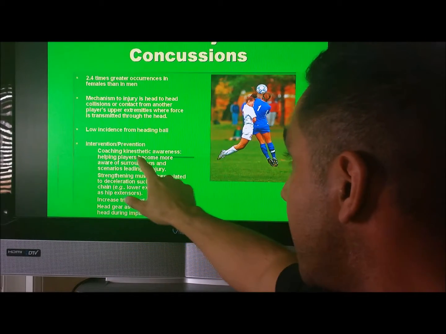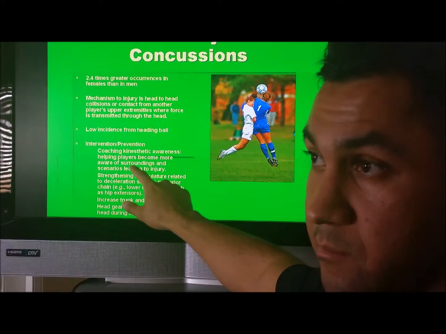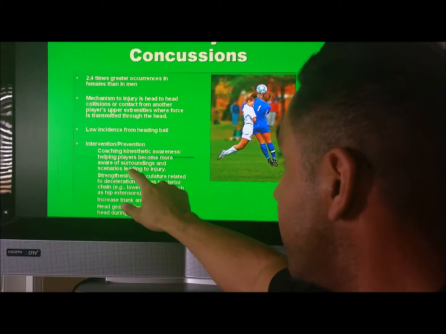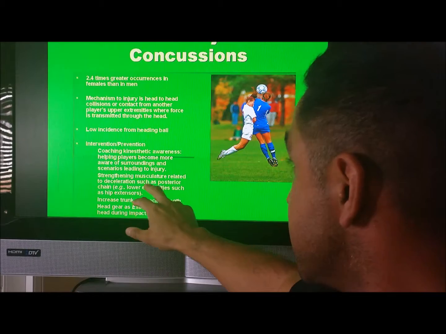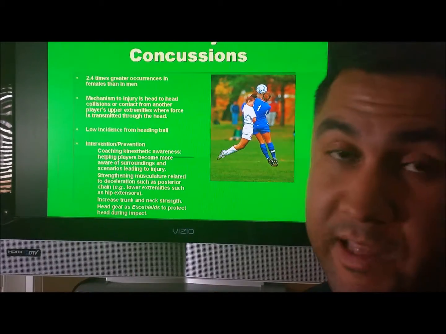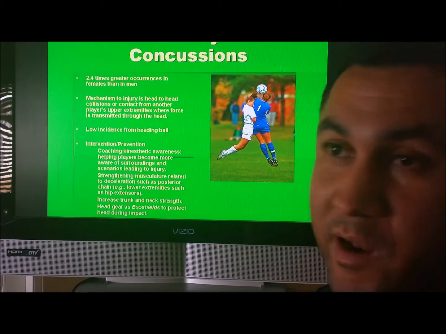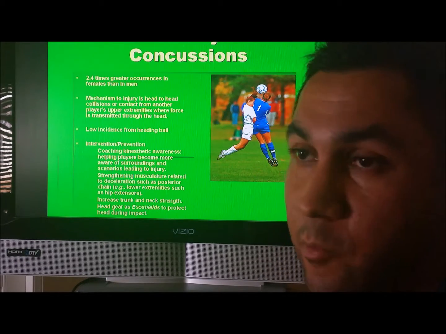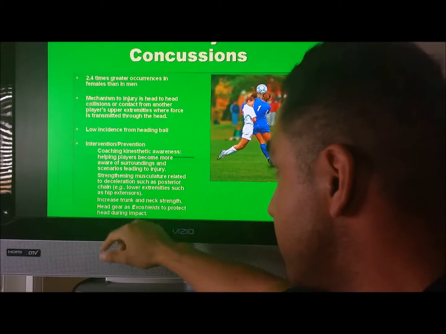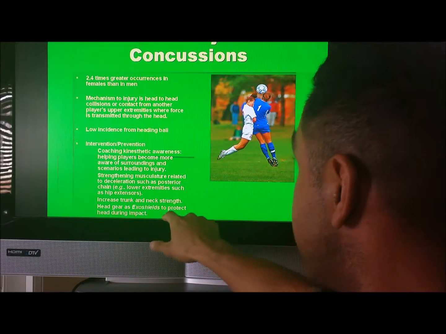Prevention and intervention, kinesthetic awareness. So through a strength coach, through training, we can help them become more aware of their surroundings. Strengthen musculature related to deceleration. So especially utilizing depth jumps or squatting, help them really work on that eccentric phase, so they work on the posterior chain. Increase trunk and neck strength.